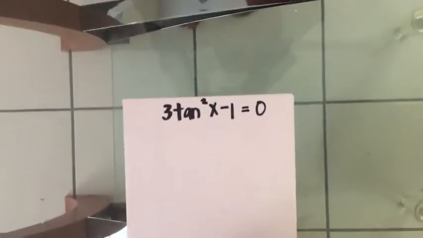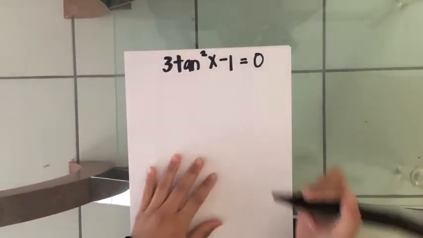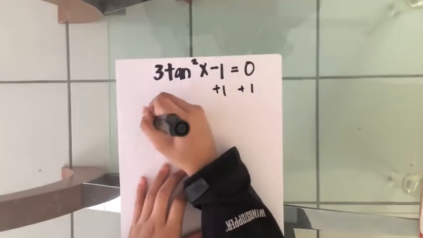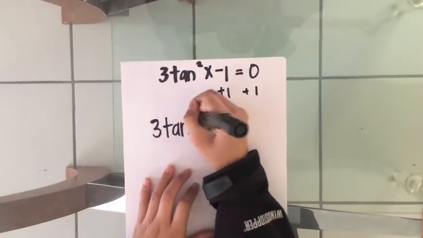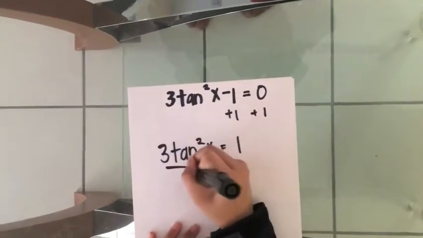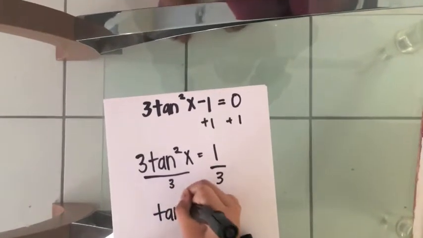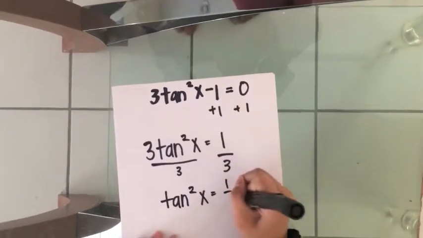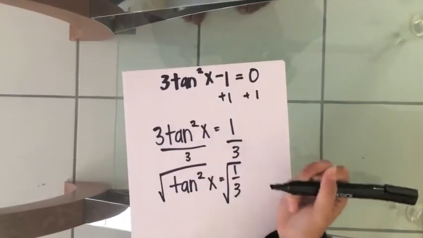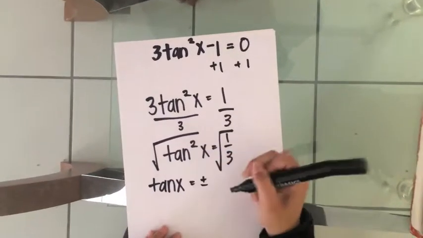So first we have 3 tan squared x minus 1 is equal to 0. So now you can add 1 to both sides, okay, and you get 3 tan squared x is equal to 1. Alright, and now you can divide 3 on both sides and get tan squared x is equal to 1/3. Now you can square root both sides, and remember to have the plus or minus.